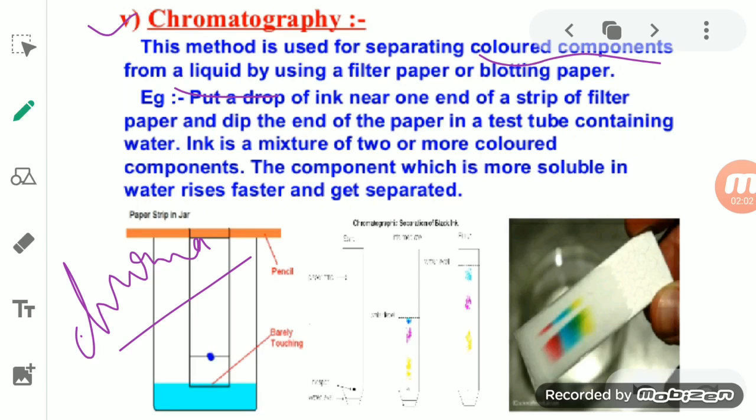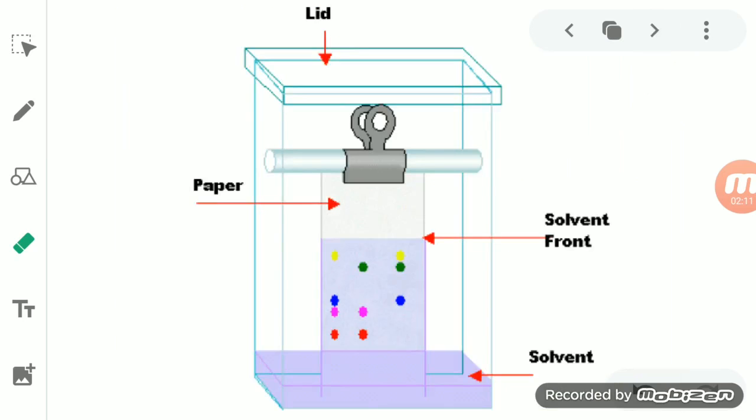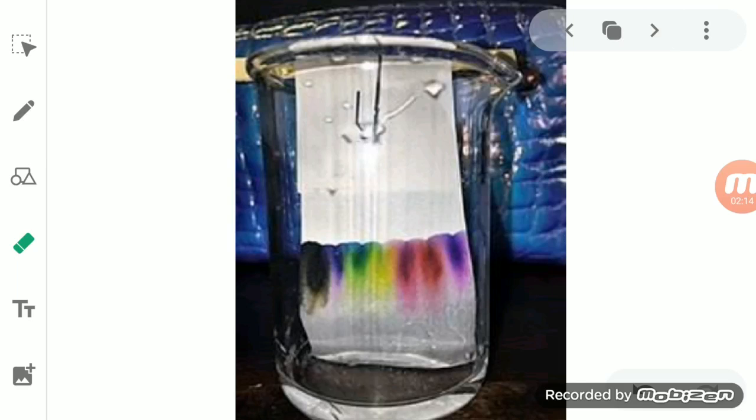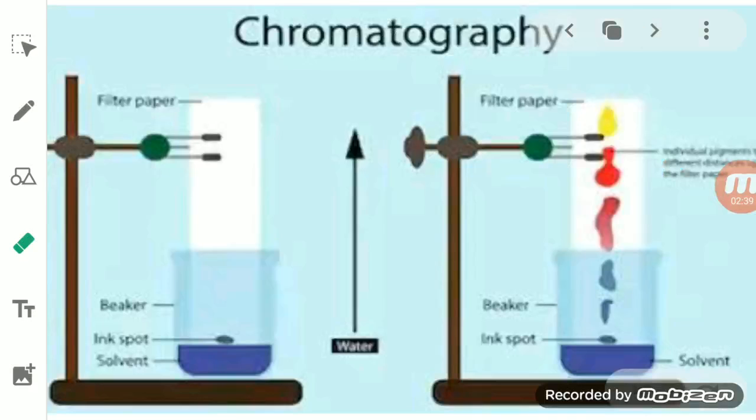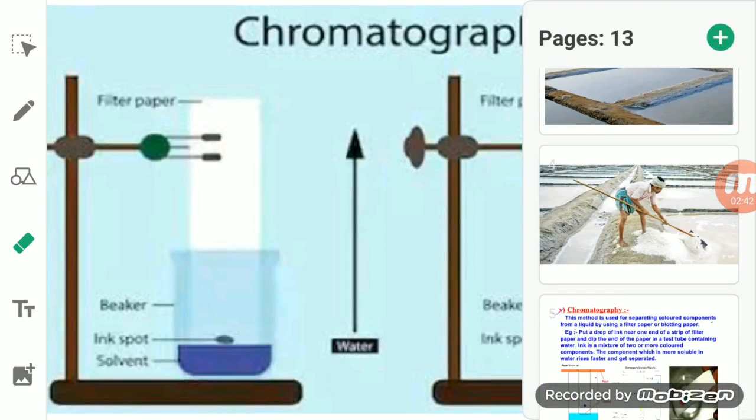In paper chromatography, two or more different substances present in the same solution can be separated. So if a mixture of solid components, in a very small quantity, is present in the same solution, then by using the paper chromatography method we can separate the components from it.